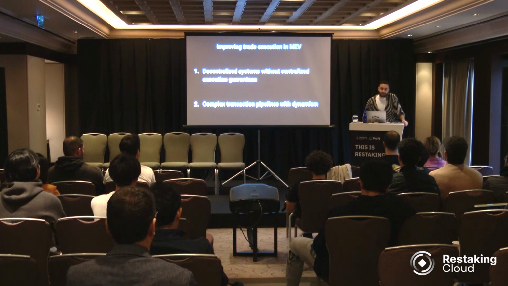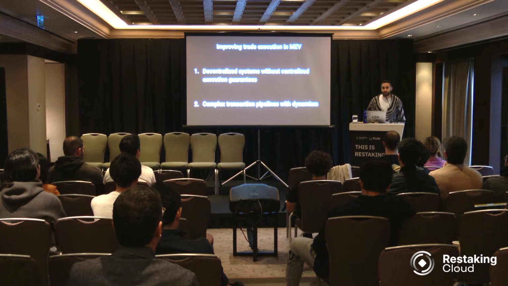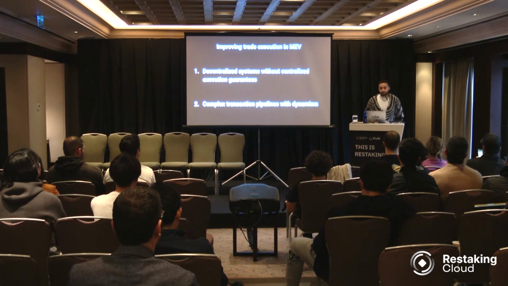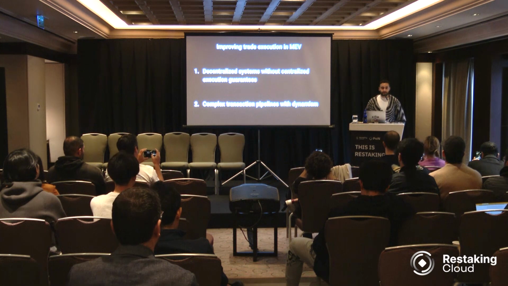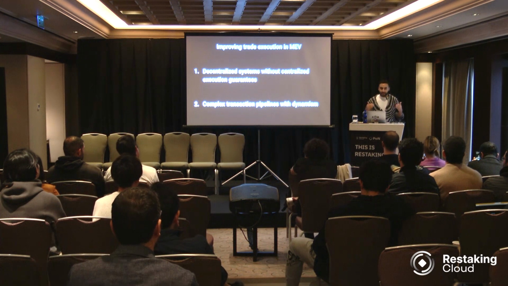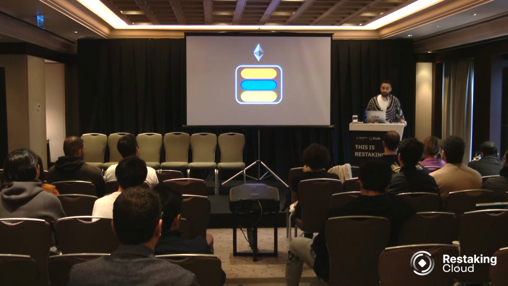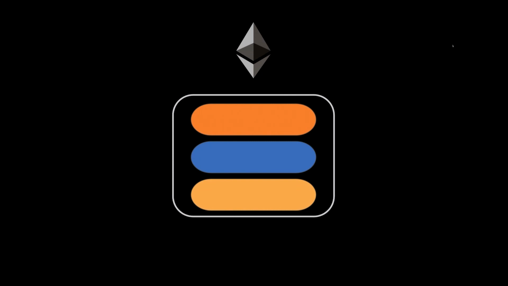The other thing is that transaction pipelines are very complex, so it's not good for end users or even some MEV searchers to do more complex things. Basically, decentralization and complex transaction pipelines create ambiguity in execution. So if this is an Ethereum block, there are 3 transactions in it, orange, blue, yellow.